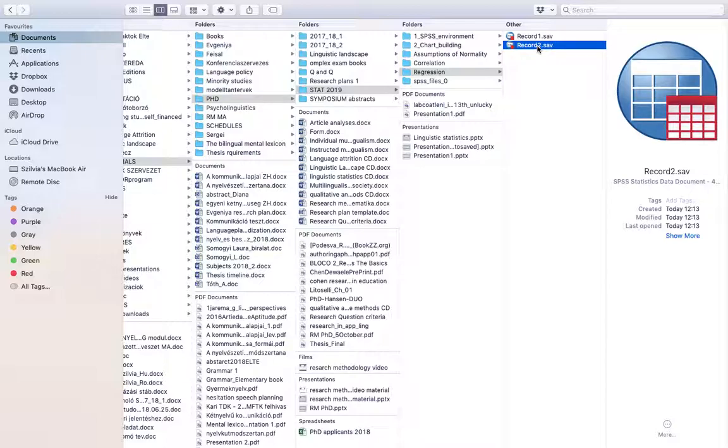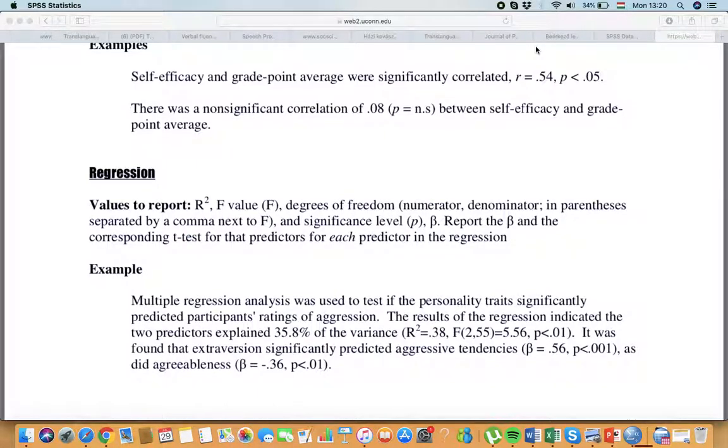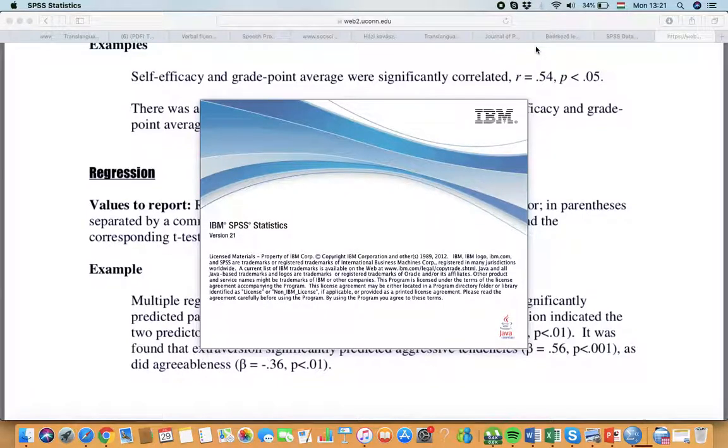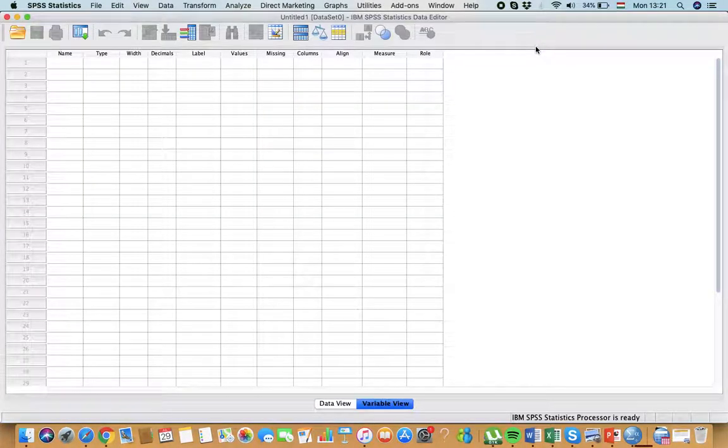Open the SPSS file record 2, and here you will see our previous dataset extended by other variables.